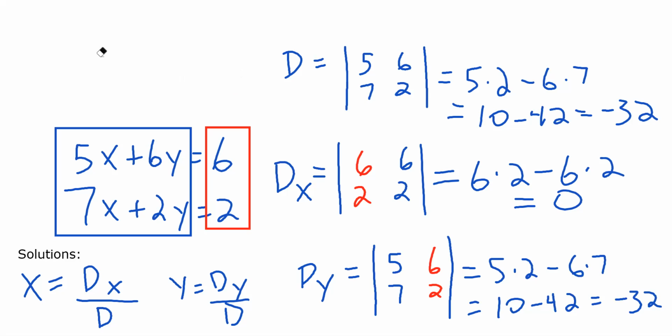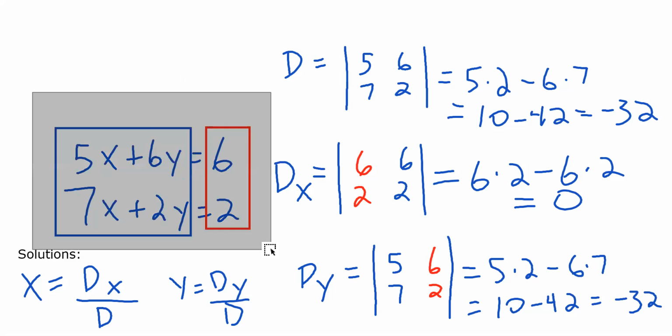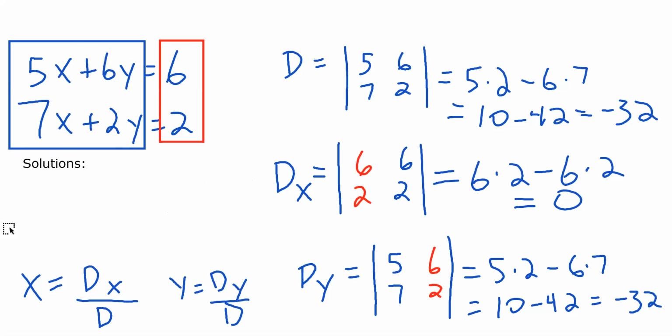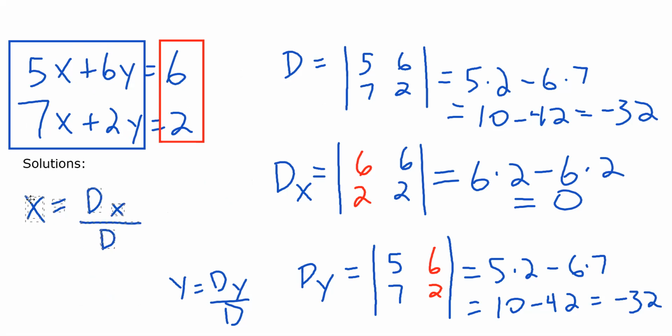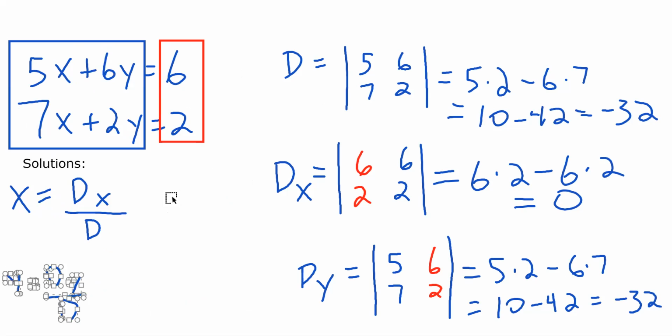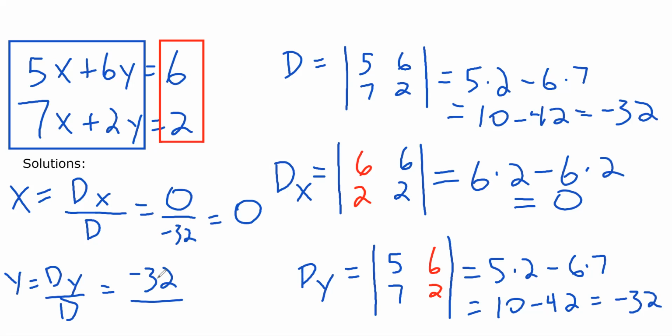And so now we're running out of space, but I can make some space here. The solutions to my system of equations. The x value is going to be the DX determinant divided by the D determinant, which is going to be DX was 0, D was negative 32, 0 over negative 32 is 0. Y is going to be DY, which is negative 32, divided by D, which is also negative 32. Y is going to be positive 1. And we just solved this system of equations.